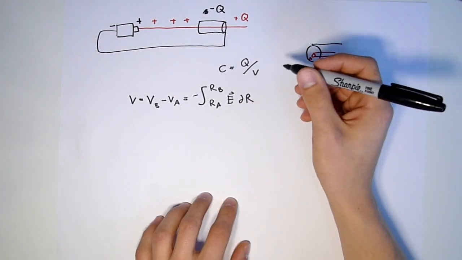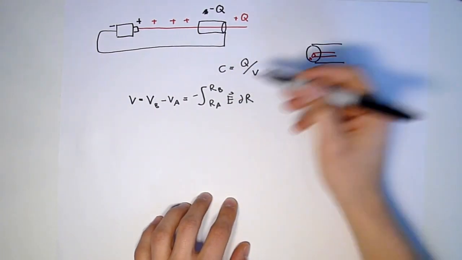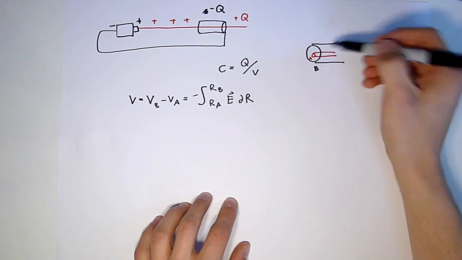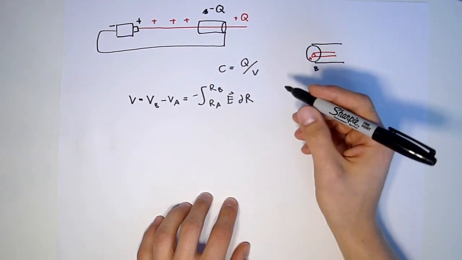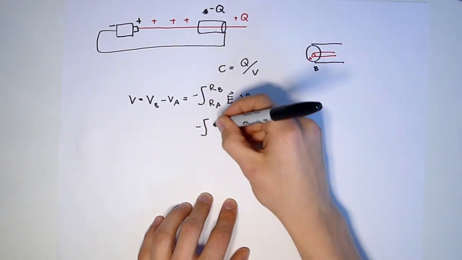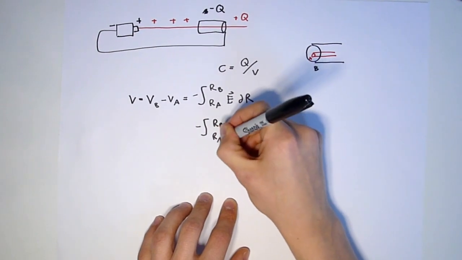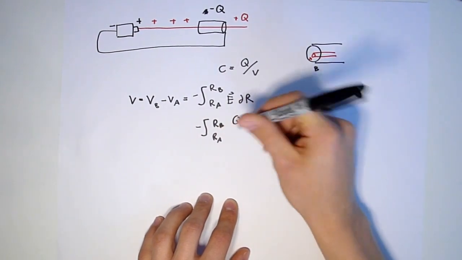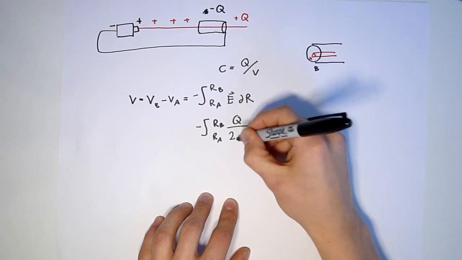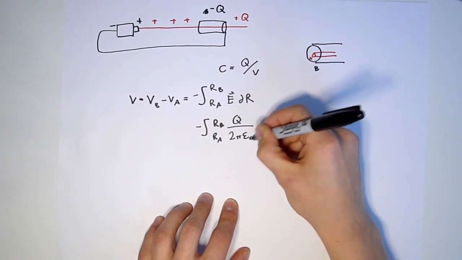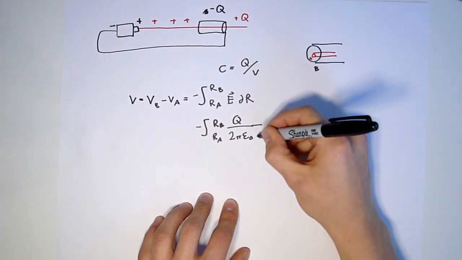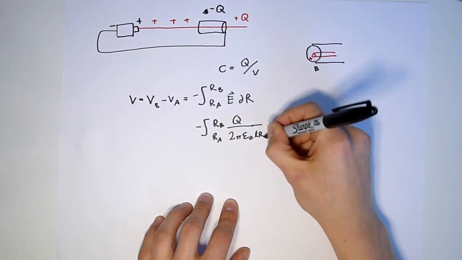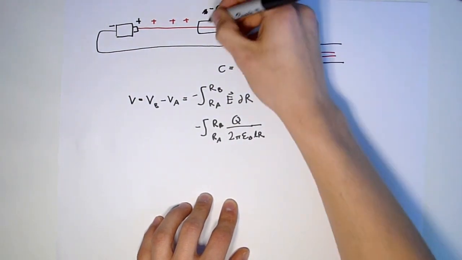And hey, we already know what the electric field is coming out of here because we just figured that out in the last video. That's going to be Q over 2 pi epsilon L R. That's for this here.